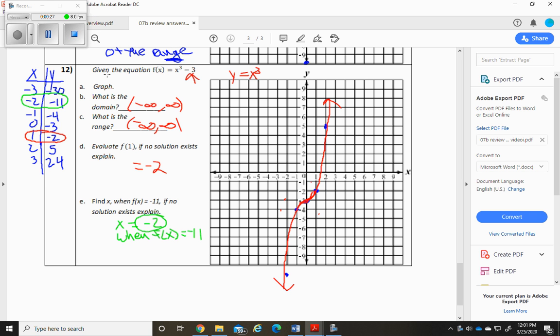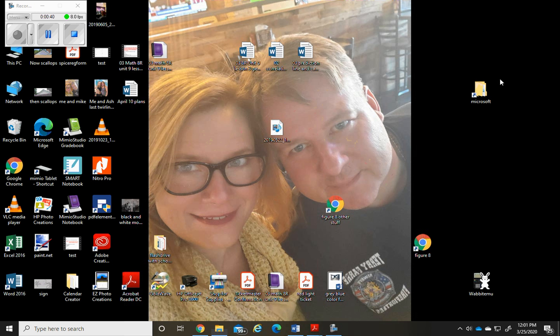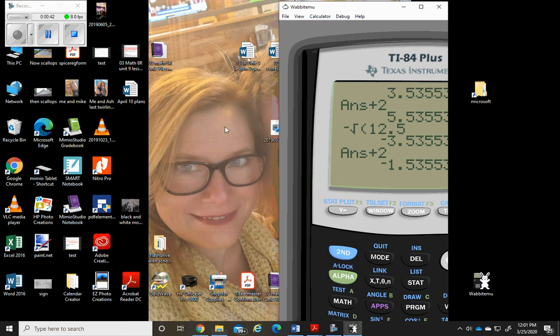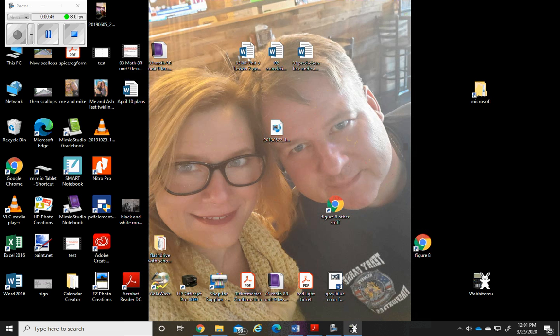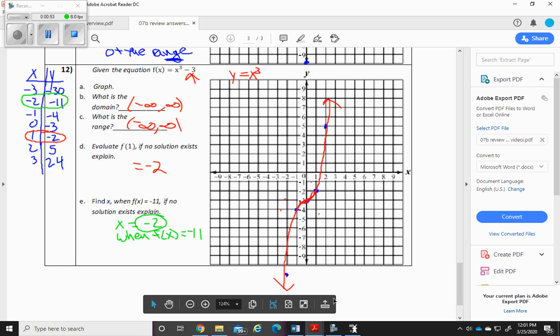What I had said is that in order to graph it, really it would be nice if we entered it into our calculator. So very carefully you enter this x to the third power minus 3. When you're entering it, you have to be careful, make sure that that minus 3 isn't caught up in the exponent.